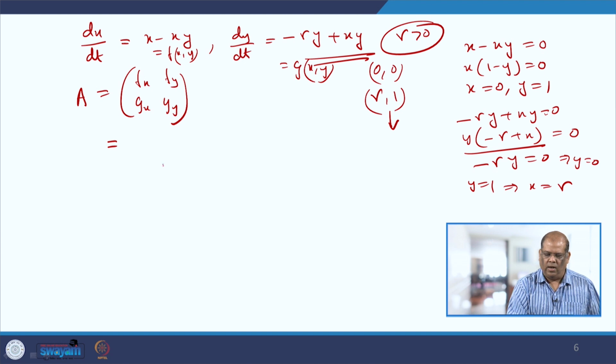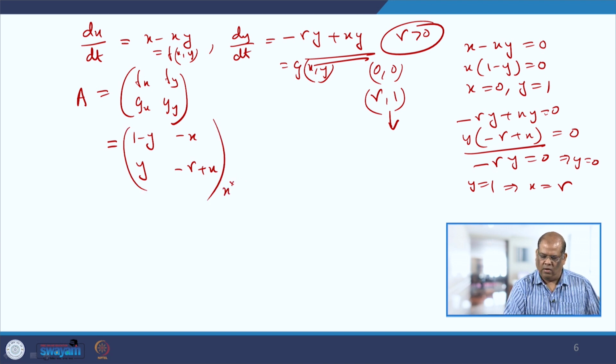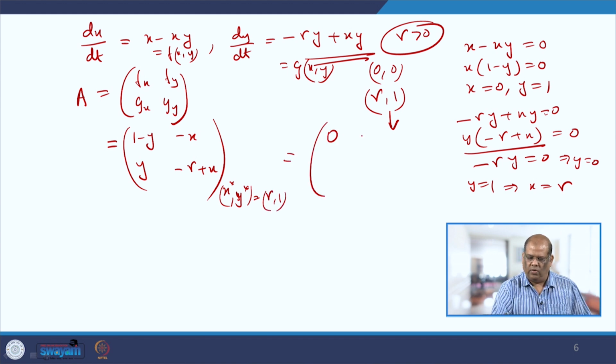If I calculate this, fx is 1 minus y, fy is minus x, gx is y and gy is minus gamma plus x at the point (x star, y star), and in this case that is (gamma, 1). So, if I substitute this, this is 0, this is minus gamma, this is 1 and this becomes 0.